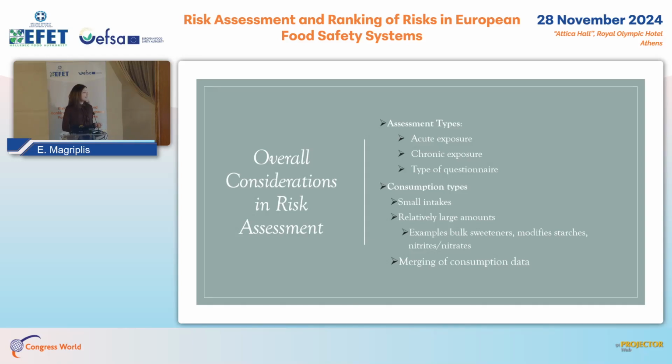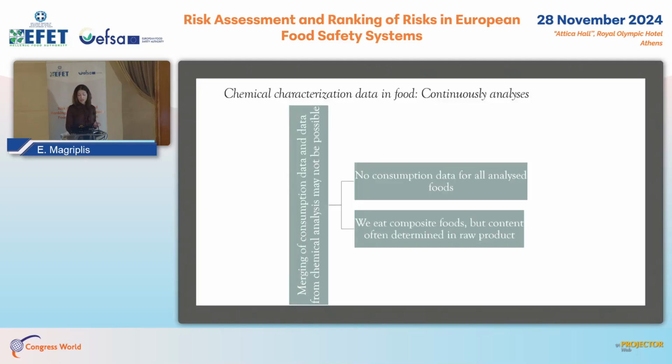Therefore, we need to be able to merge all this consumption data with the chemical characterization from foods. The merging is not possible if we don't have consumption data for all the analyzed foods. Even if we do have the analysis of what is in foods, what are we consuming?